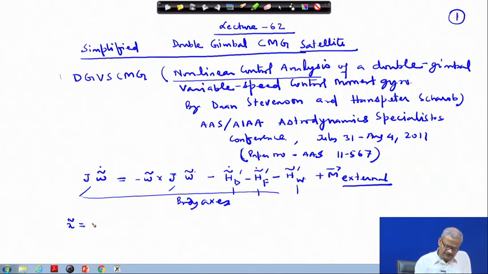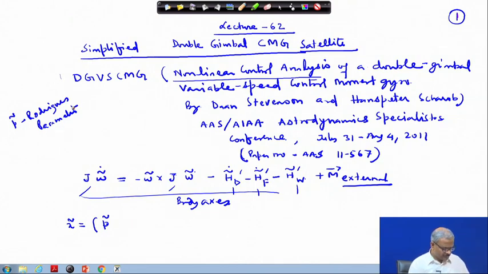So x tilde you can define with p tilde, which is the Rodriguez parameters, and the initial values are given. The initial values are given in this paper.